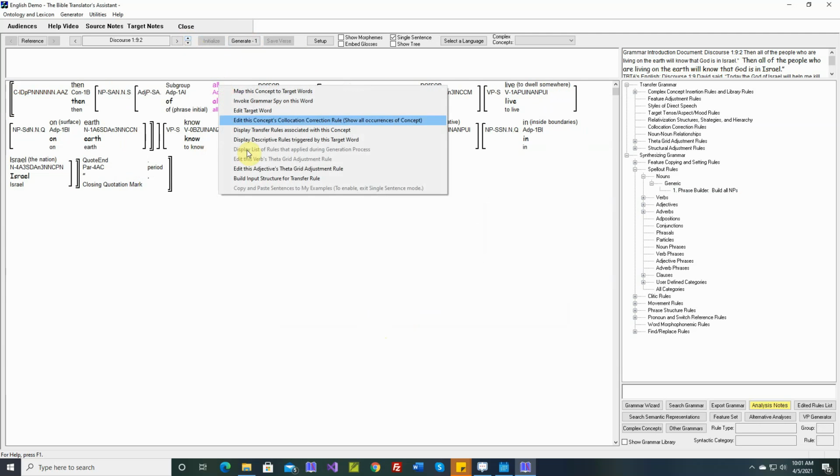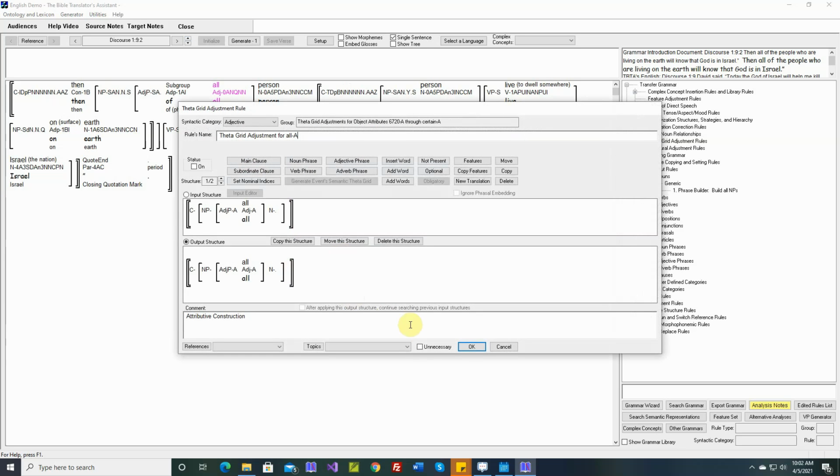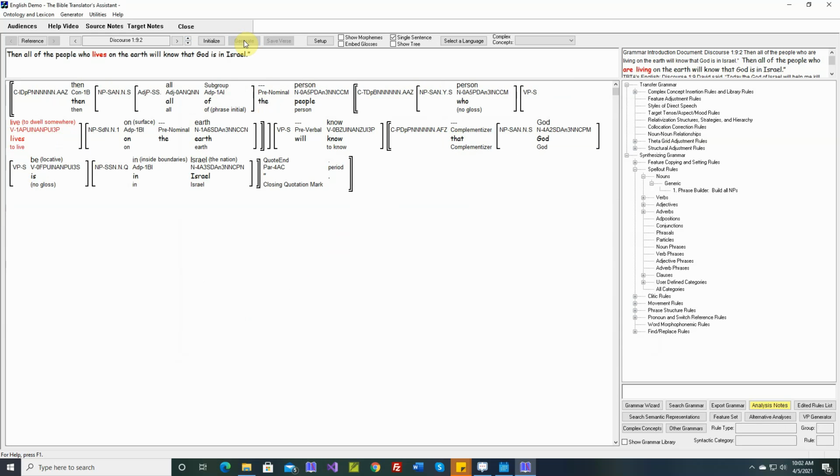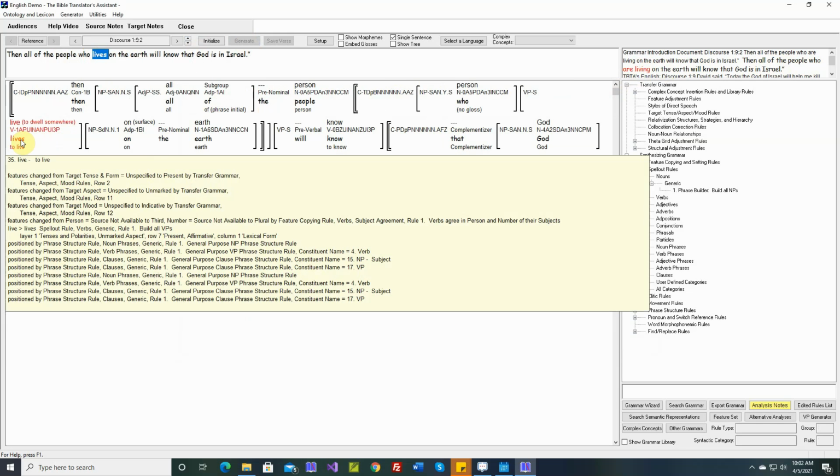Okay, the word all. I don't think we'll need this theta grid adjustment rule. And all of the people who lives on the earth. All of the people who are living on the earth. Okay, who lives. This would be fine if it were third singular.